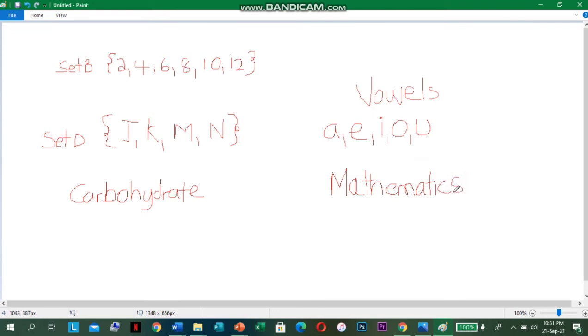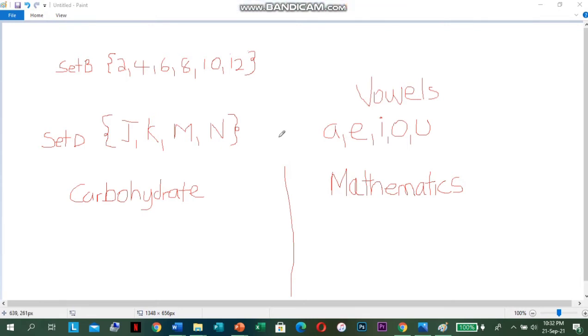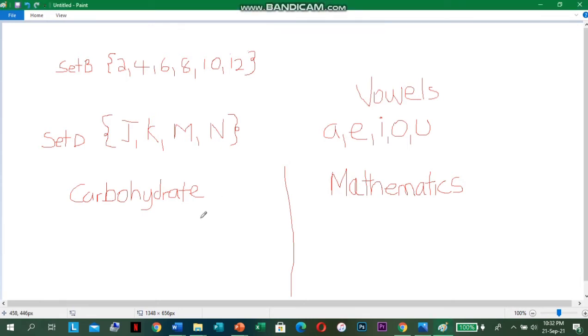So we have mathematics on one side and carbohydrate on the other side. Now let me draw a line to separate them. If I say I want you to represent a set of vowels from the word carbohydrate, I can write down the letters of the vowels from carbohydrate.